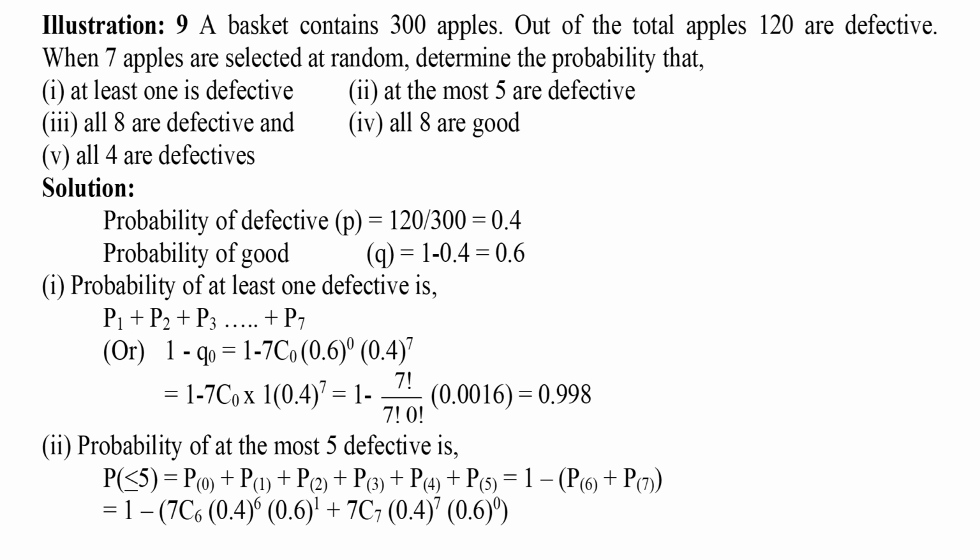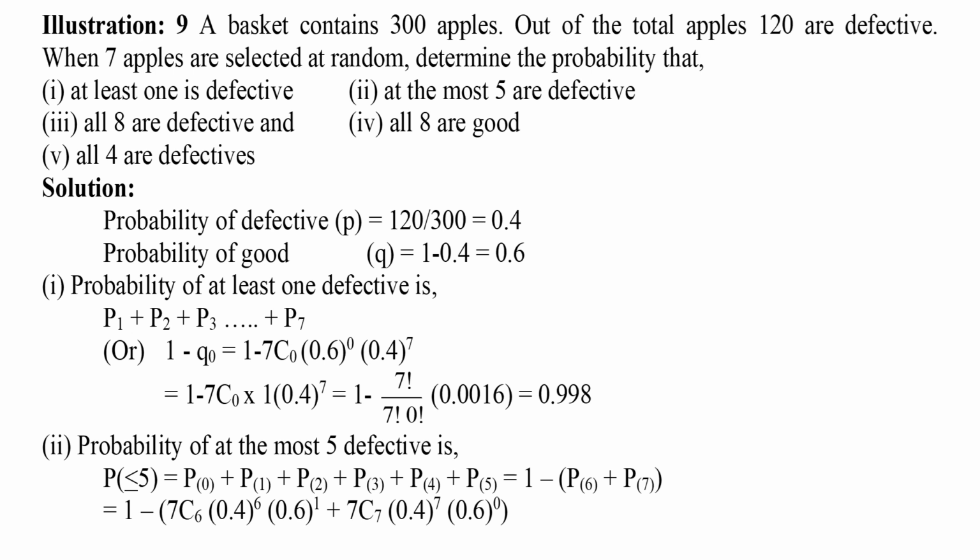I. Probability of at least 1 defective is P1 plus P2 plus P3 up to P7, or 1 minus P0, equals 1 minus 7C0 times 0.6 to the power 7 times 0.4 to the power 0 equals 0.998. Method of calculation is already explained in the previous illustration. II. Probability of at most 5 defective, P5 is also included. If it is less than 5, P5 should not be included.